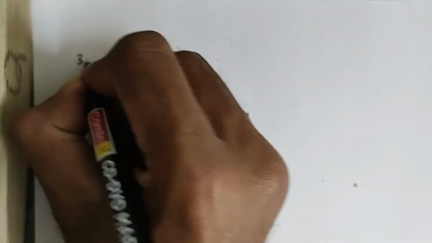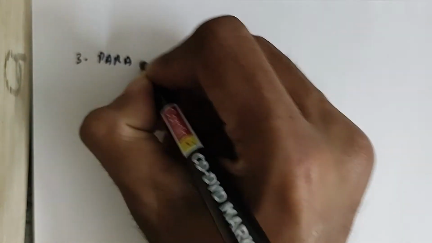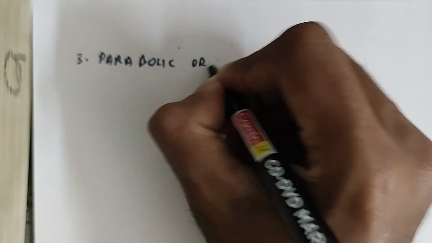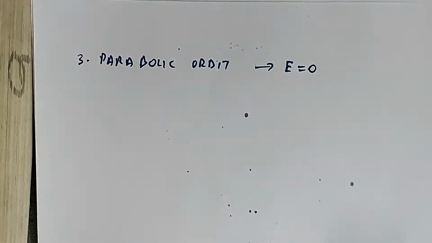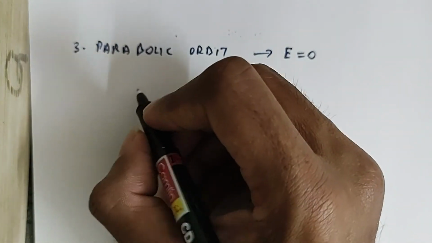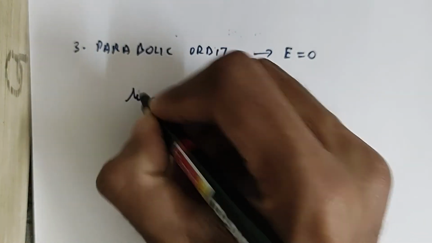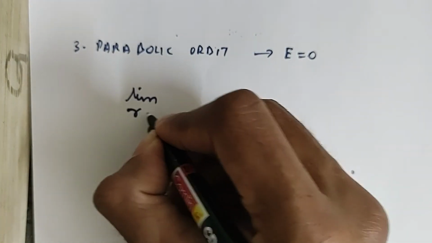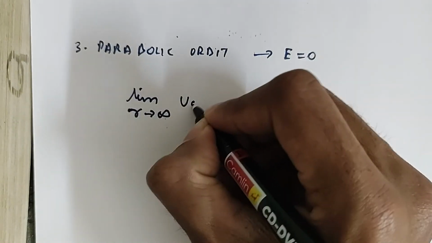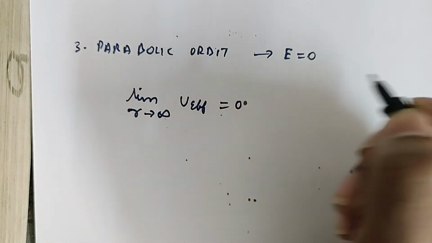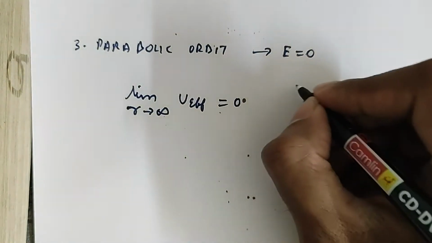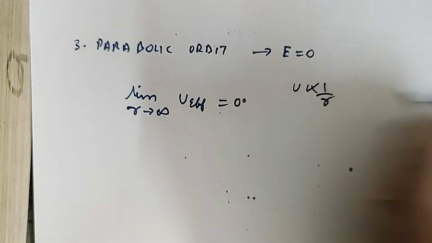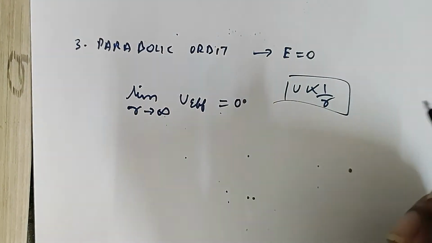So the third one is the parabolic orbit. For the parabolic orbit, energy equal to 0 was the condition. So I can use the limiting condition: if r tends to infinity, the effective potential will give me 0, which we know is true, because u changes as 1 over r.